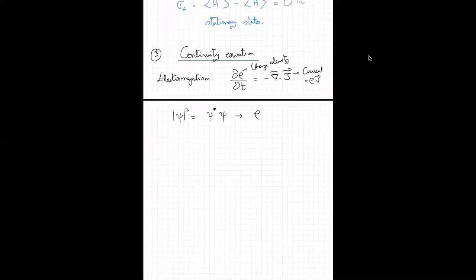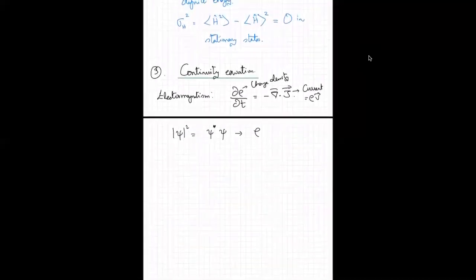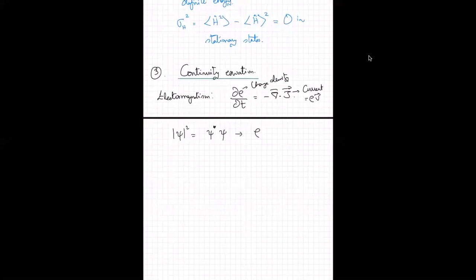Okay, which means I have to write down an equation that tells me how this psi squared, which is psi star psi, changes with respect to time. So in other words, I have to set up an equation for d/dt of psi star psi. Okay, what is this? This is equal to psi d psi star/dt plus psi star d psi/dt.